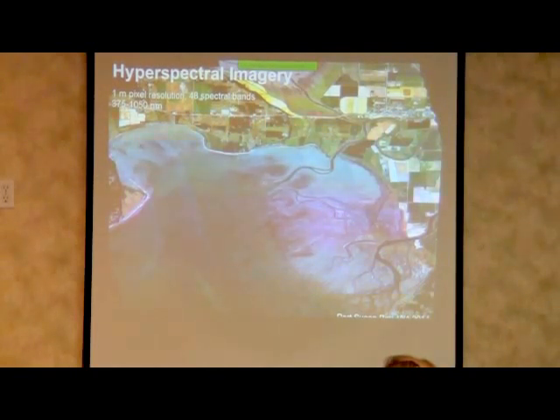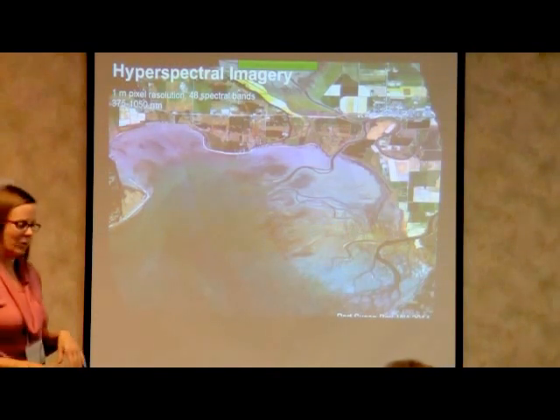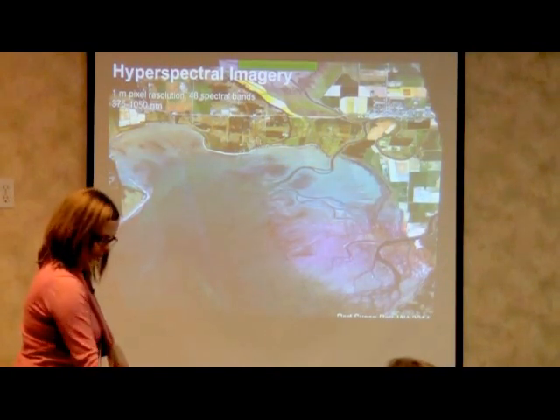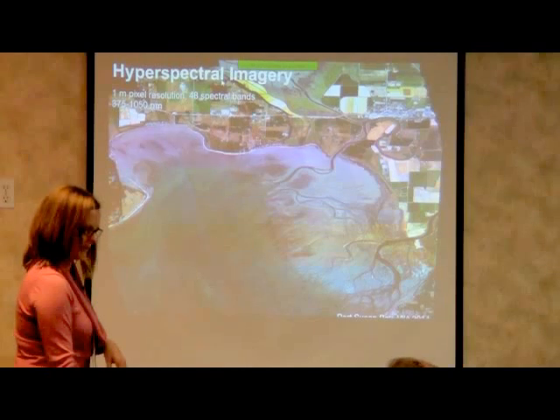It's a programmable sensor, so there's a trade-off between spatial and spectral resolution, and we've settled on a middle ground for both of those, where we collect 1 meter pixels of hyperspectral imagery with 48 spectral bands. This is an example from Port Susan Bay in Washington State, Puget Sound, that we collected in 2014.